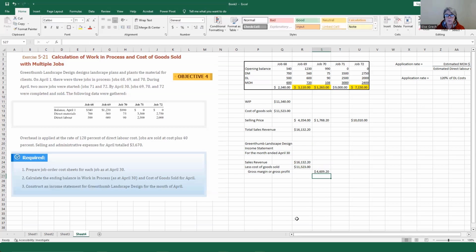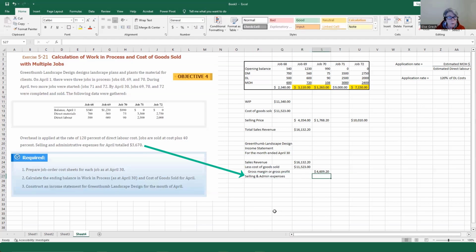Subtract cost of goods sold. We've got the $4,609. And then they tell us that selling and administrative expenses for April totaled $3,670. So now we're going to do expenses, the selling and admin expenses.